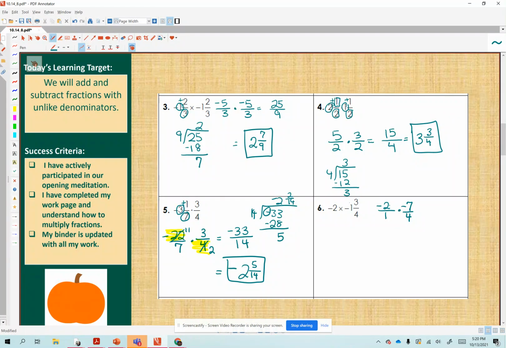And we can simplify and divide 2 by 2. 2 divided by 2 is 1. 4 divided by 2 is 2. So a negative times a negative is a positive. So we're going to have positive 7 in the numerator, 2 in the denominator. And when we simplify that, we divide 7 by 2, which will give us 3. 3 times 2 is 6, with 1 left over, 3 and 1/2. So our final answer is 3 and 1/2.